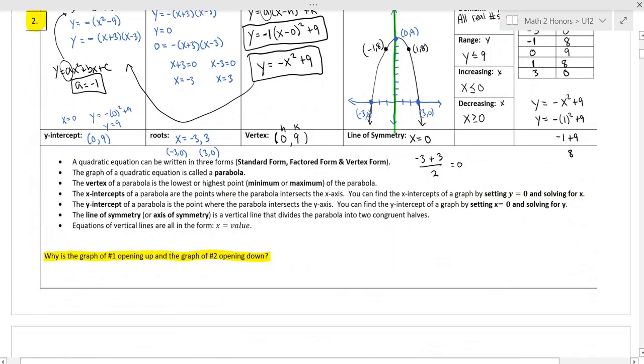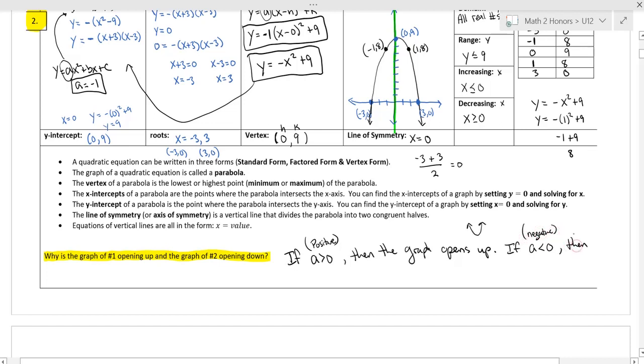If a is greater than 0, which is a way of saying if it's positive, then the graph opens up. It's got this U shape. If a is negative, which means less than 0, then the graph opens down.